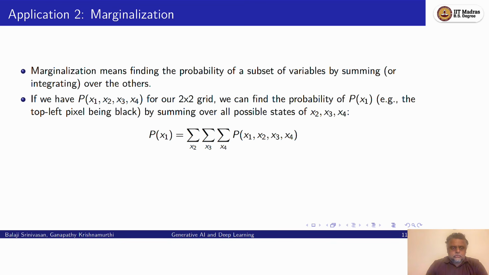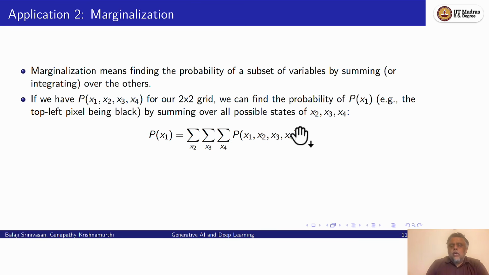So if we have p(x1, x2, x3, x4) on our 2x2 grid, then to find the probability p(x1), that is, let's say for instance the top left pixel being black, we sum over all possible states of x2, x3, x4. This is basically what we have to end up doing. So the probability of x1 is just this.